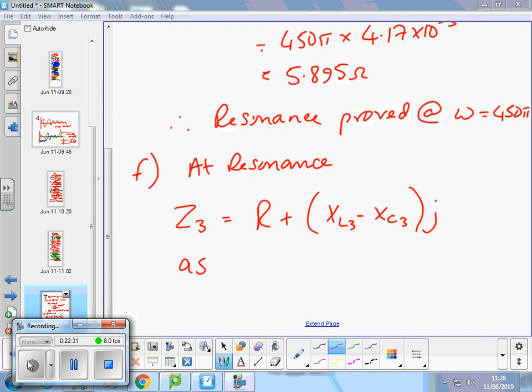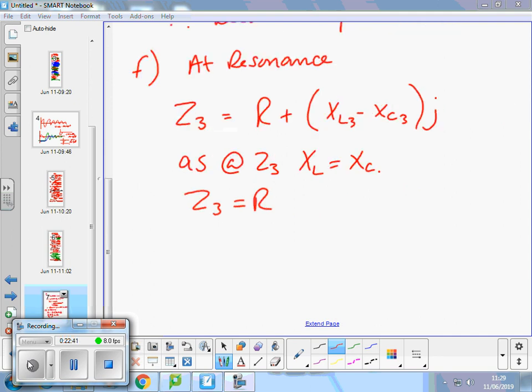As at Z3 XL equals XC, Z3 equals R. So you're showing that you know those two terms are going to cancel out, and therefore the only impedance left behind is the resistance R, which is 4 ohms.